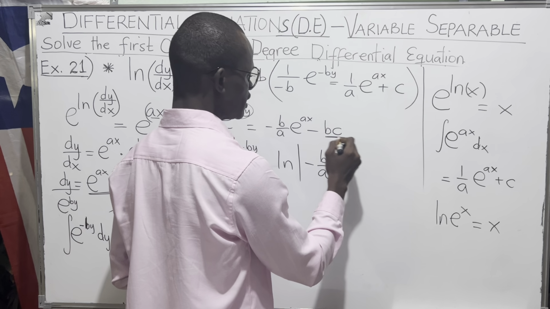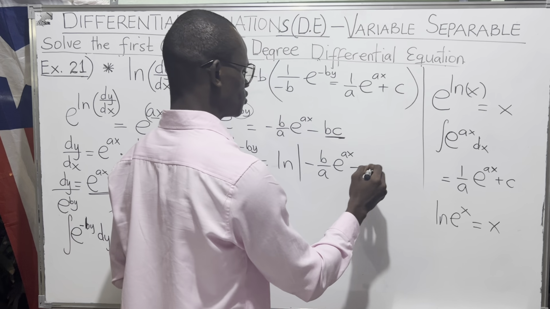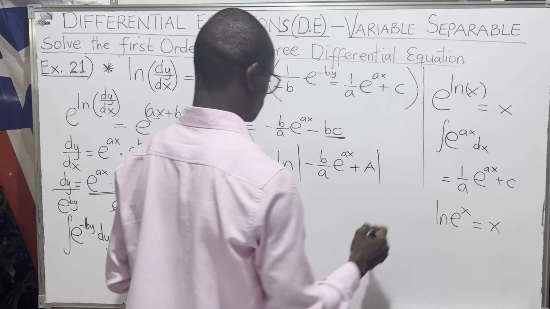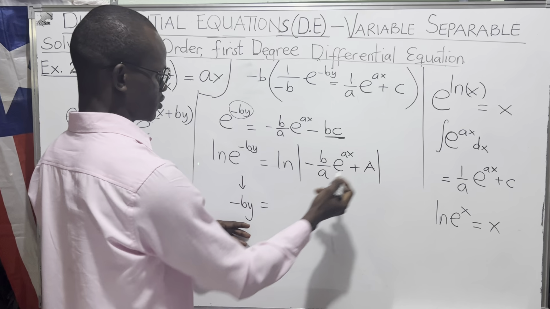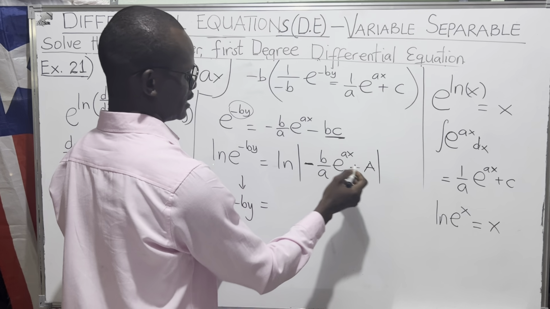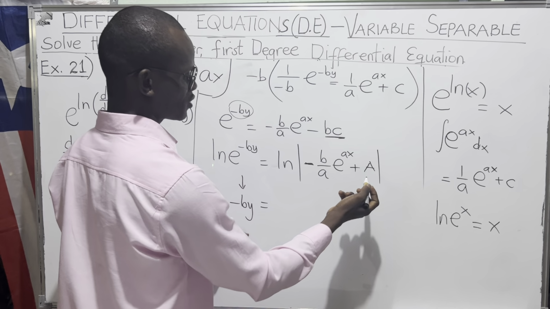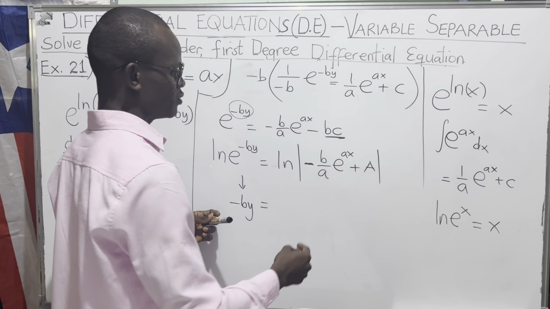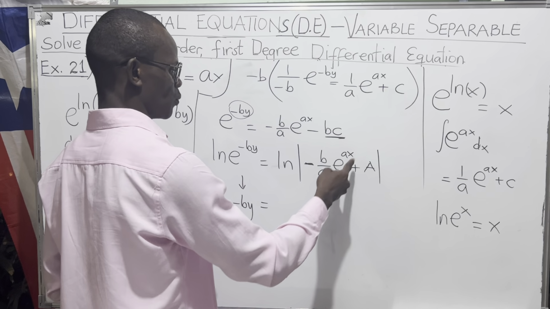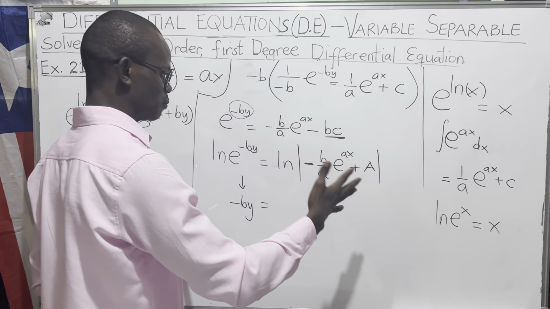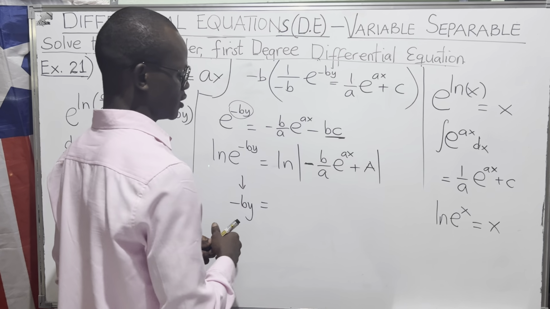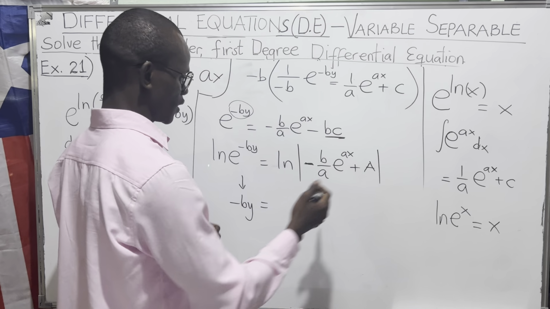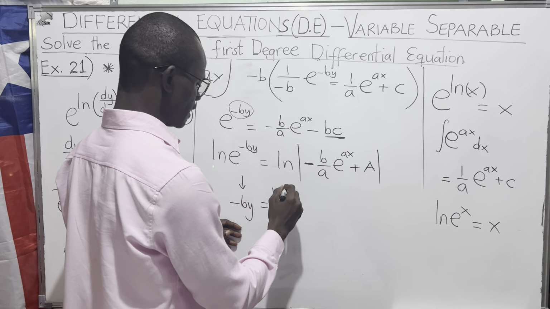Now this bc is still a constant, so we can just represent it by one constant, plus a. We change this sign because it's just a constant. Whether positive or negative, when you differentiate this constant, you're going to get 0. So that's the reason why it's not important whether it's negative or positive. It's still a constant.